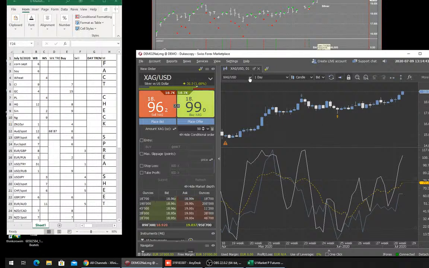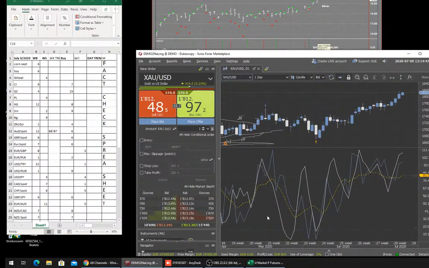And then let's take a look at gold over the same time period. Gold was trading at the 1,725 area, and now it's trading at the 1812. So percentage wise, it's going up about $90.